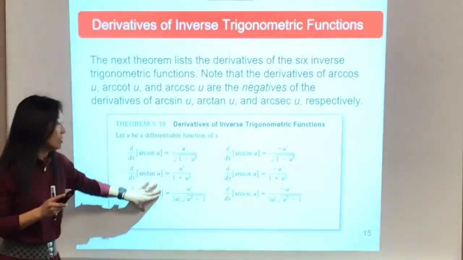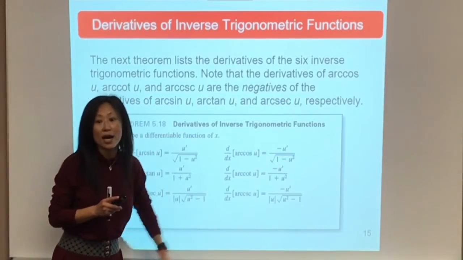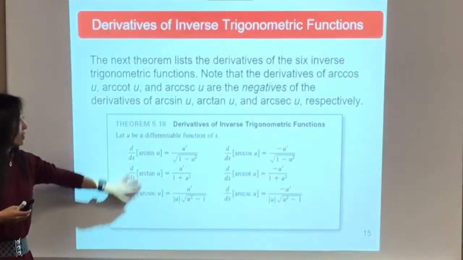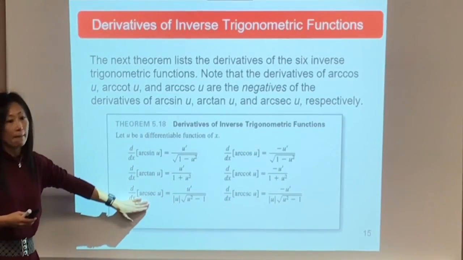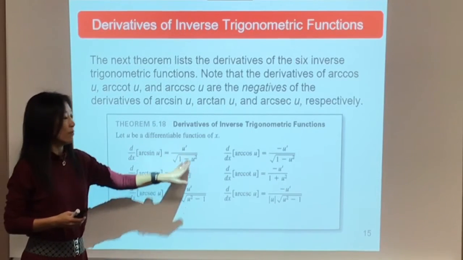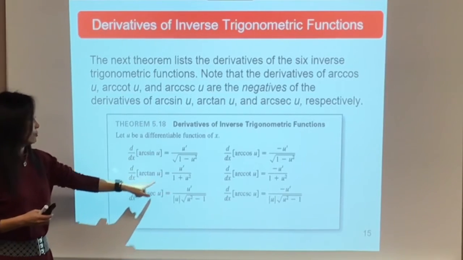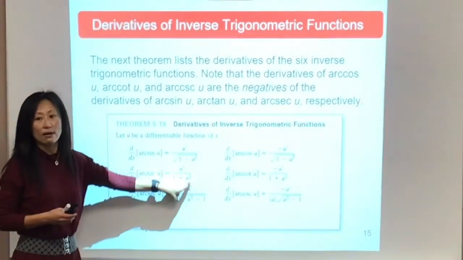When you memorize these, the other ones are exactly the same thing, but you put a negative sign. So you are only memorizing the main ones: sine, tangent, and secant. So the derivative of arcsine is u prime over square root of 1 minus u squared. What's the tangent? Arctangent is u prime over 1 plus u squared.